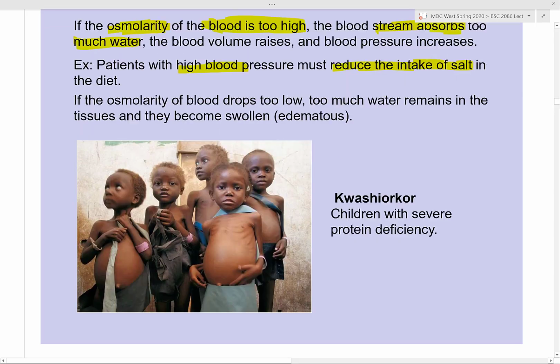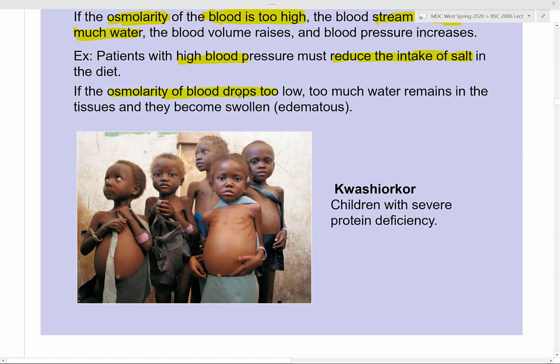So we're going to see most of these things again. Okay? So if the osmolarity of the blood drops too low, then a lot of water will tend to remain where? In the tissue. And now the individual will become what? Edematous, which is swollen. What's the example? Kwashiorkor and marasmus. Kwashiorkor is a protein deficiency, which means that these are third world country kids that have enough calories, but they have a low amount of what?